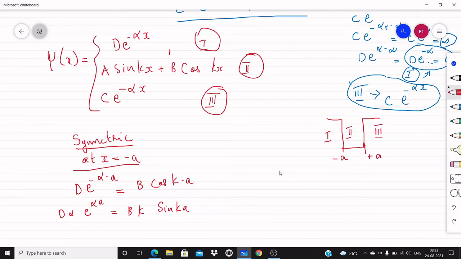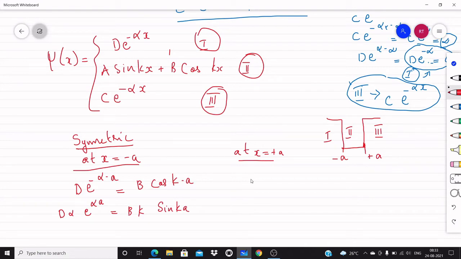Now the second case, that is at x equal to plus a, means you have to consider the boundary of regions 2 and 3.